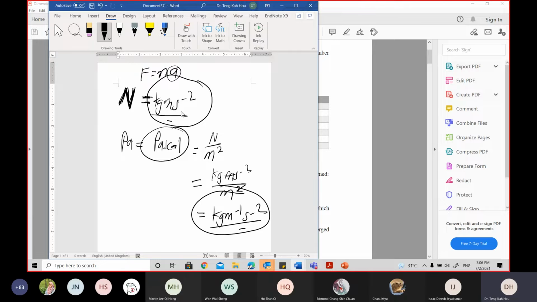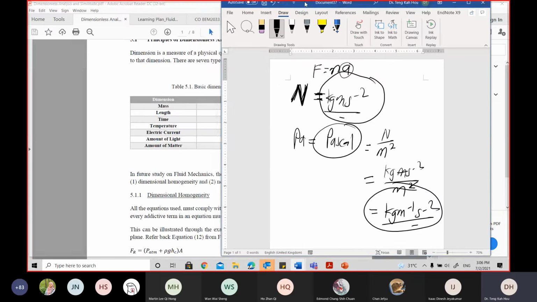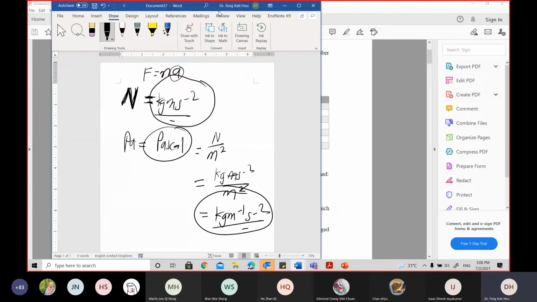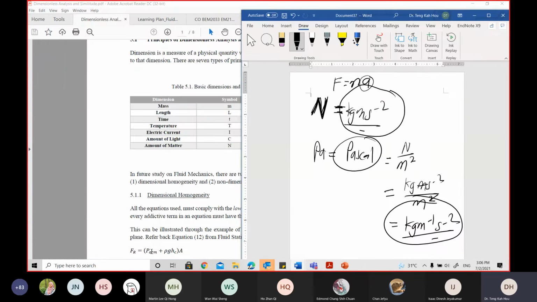So if they ask you to prove, you can't just put Pascal for that, because some of your questions might, for example in this case, give you the force and the Pascal and all these weights, and you have the g. So what is the g unit?